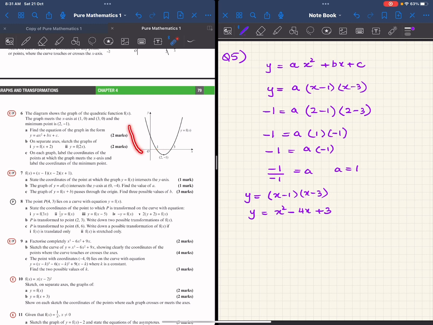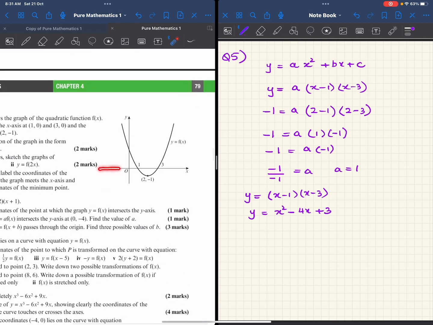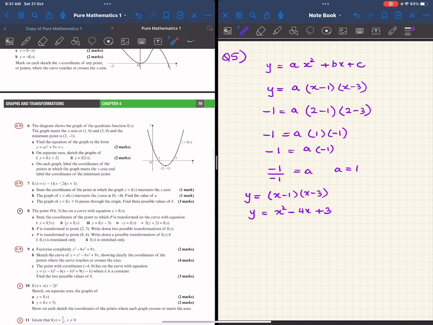So (-1, 0) and this. And our minimum will also move 2 steps behind, so the minimum will be on the y-axis. So this will be (-1, 0), (0, -1), and (1, 0). That will be the answer for the first question.